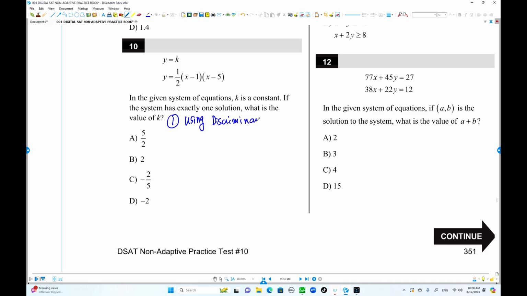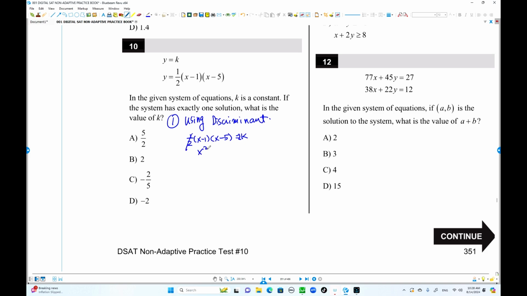This takes a lot of work, all right? Okay, you can try this one. You can choose which method is best, okay? So 1 over 2, (x minus 1)(x minus 5) equals k times 2, that is 2k, right?